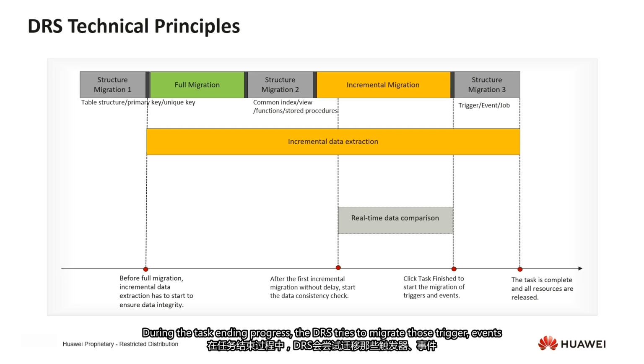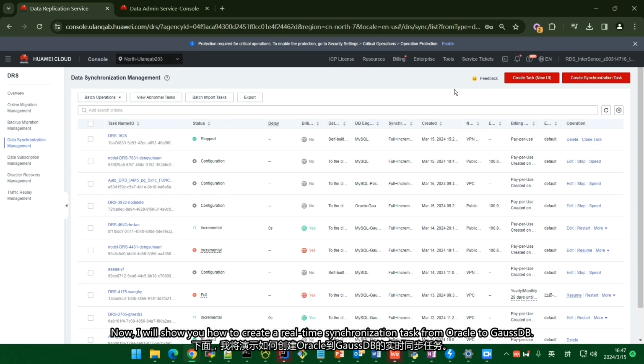During the task ending process, DRS tries to migrate those trigger events and other objects that might affect the incremental data from the database. Once this is done, DRS-related instance resources are released.